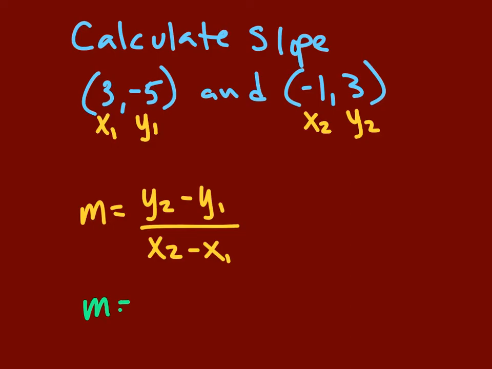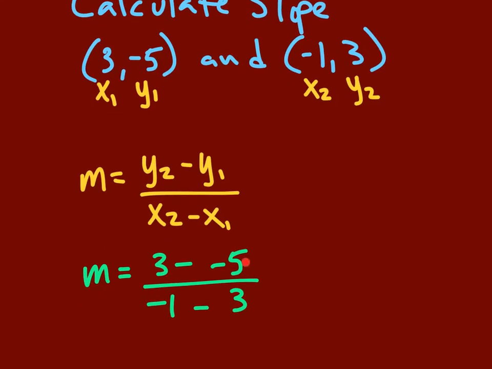So I get my slope m is equal to y sub 2, which is 3, minus y sub 1, which is negative 5, over x sub 2, which is negative 1, minus x sub 1, which is 3. Okay, so at this point, regardless of my signs, I'm still subtracting these values.